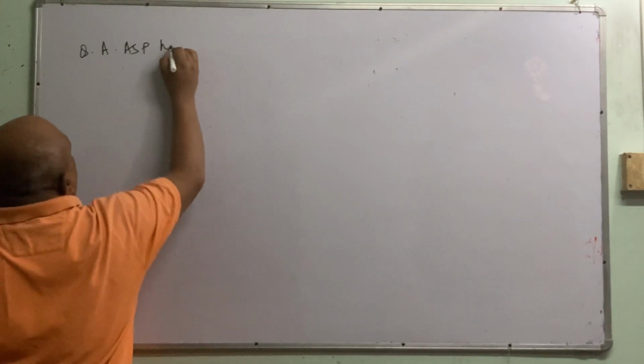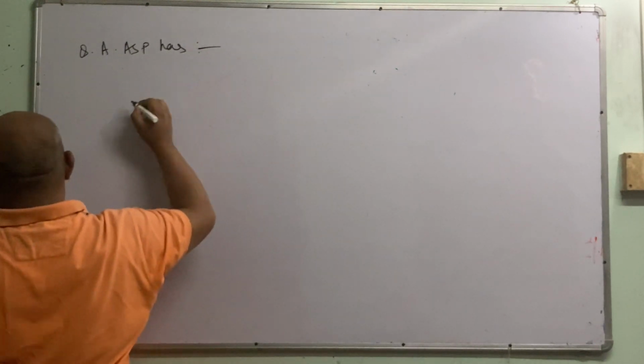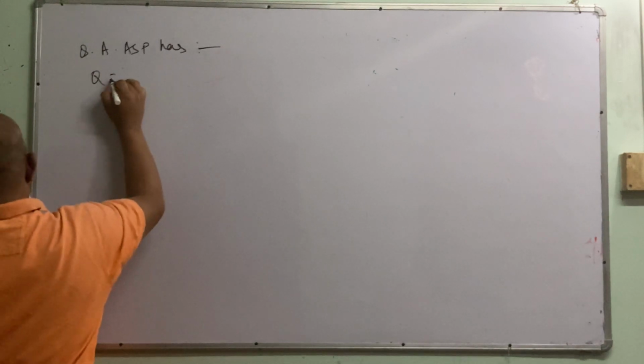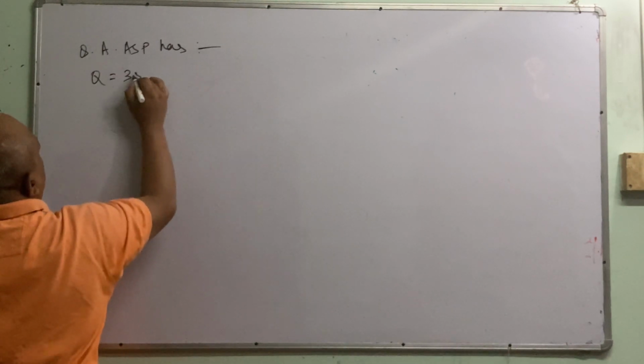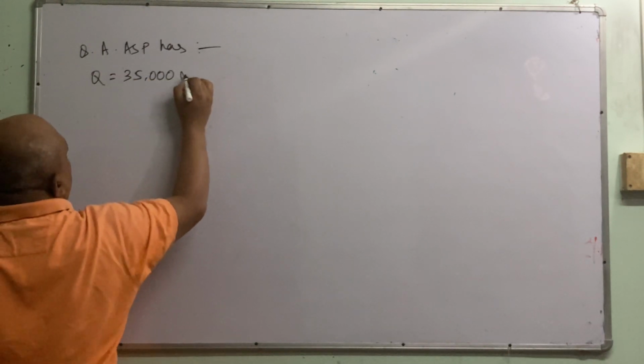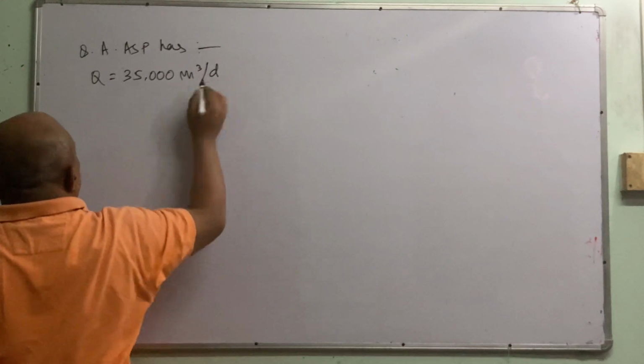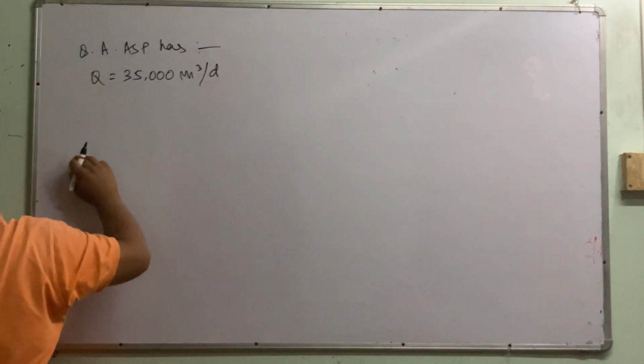ASP has number one. Okay, so Q is equal to 35,000 meter cube per day. The flow rate is 35,000.